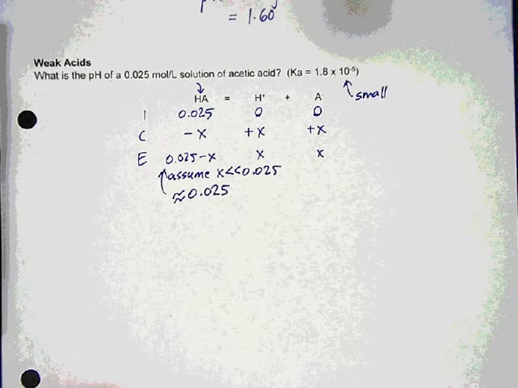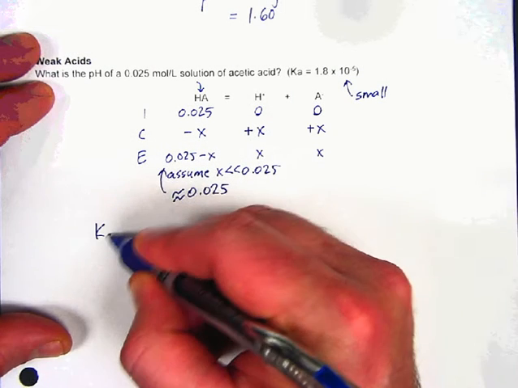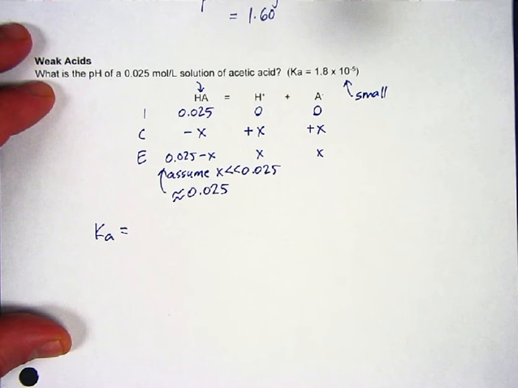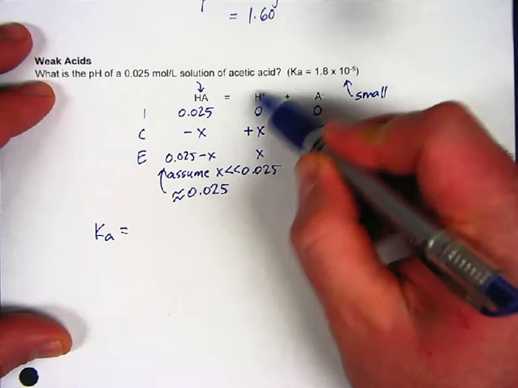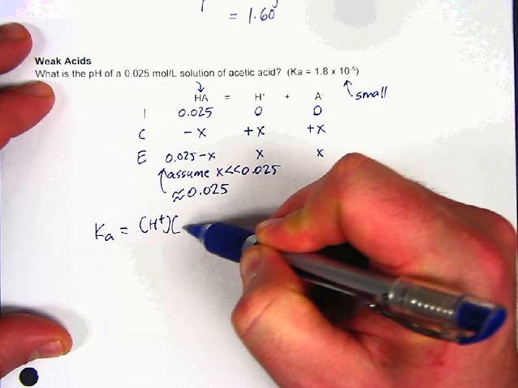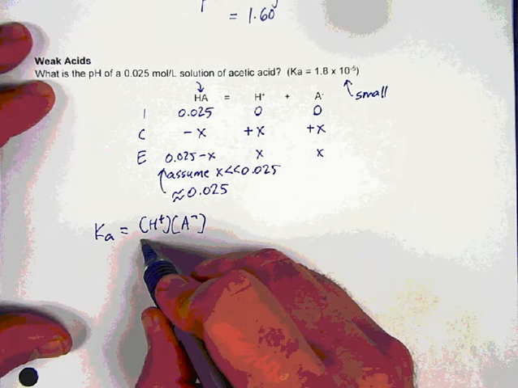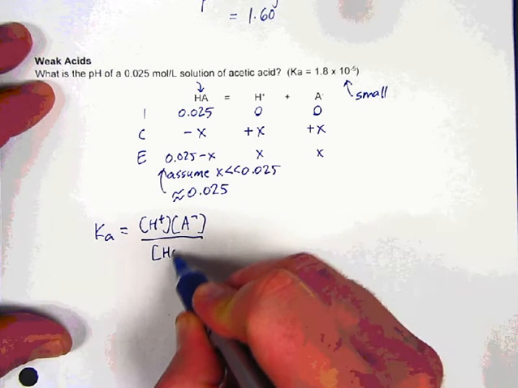The Ka, which is a generic equilibrium expression, not like the ones we've looked at before, is always going to be the H plus concentration, so the products, multiplying the two products, divided by the reactant concentration.